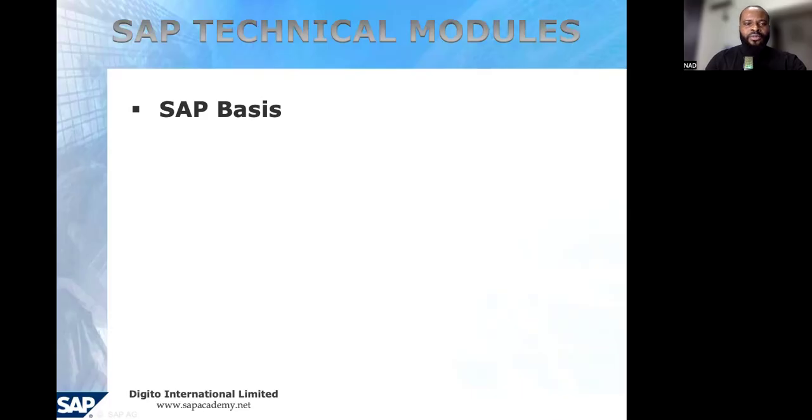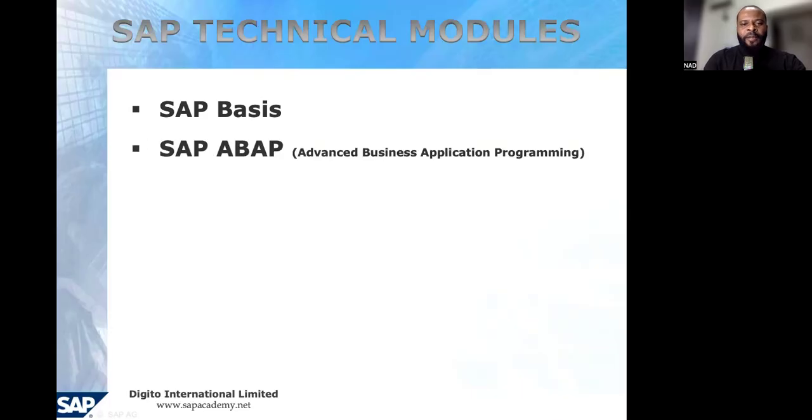Now, the second one is SAP ABAP. ABAP stands for Advanced Business Application Programming. This is the programming language used to develop the SAP software. So for you to be able to function in this particular module, you need to be a programmer, an IT consultant with database knowledge, because SAP ABAP interfaces with Java and the .NET framework.